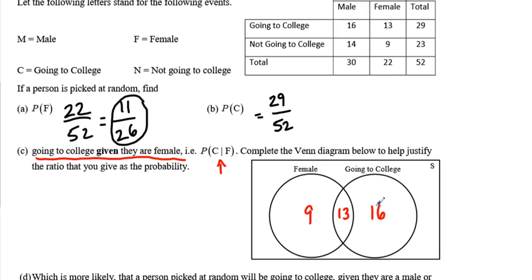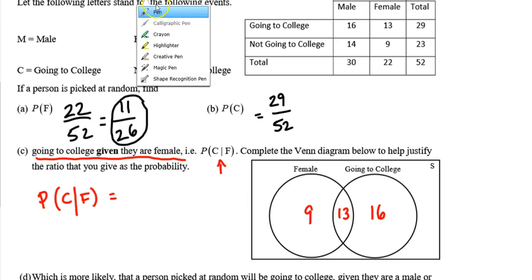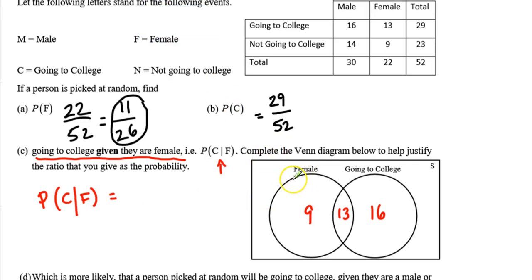Okay. And so if we're trying to find the probability of going to college, given that a person selected is female, what are we looking at here? Well, we're only looking at, let me get my nice highlighter pen, we're only going to consider this circle, because it said given that a person is female.